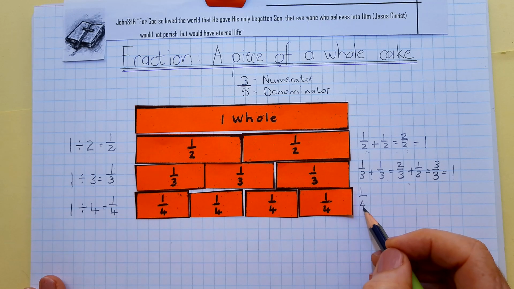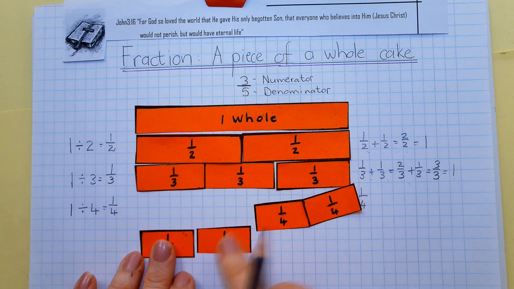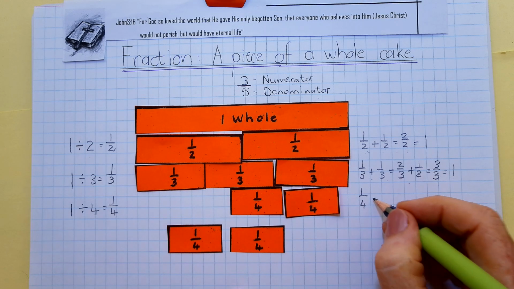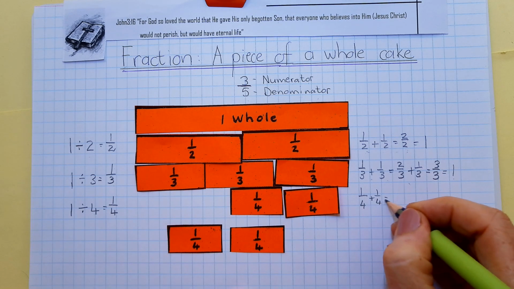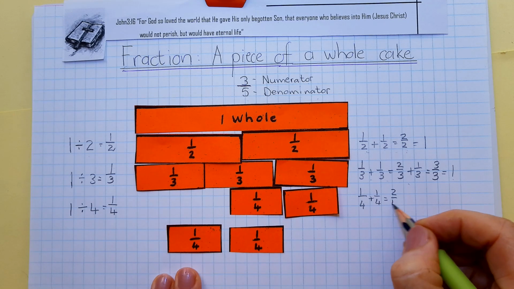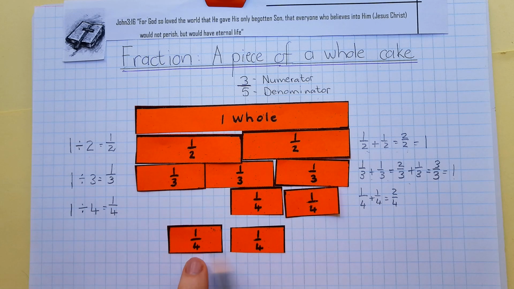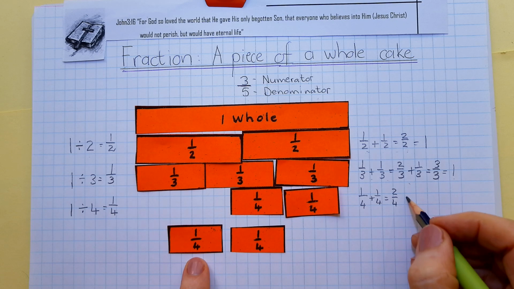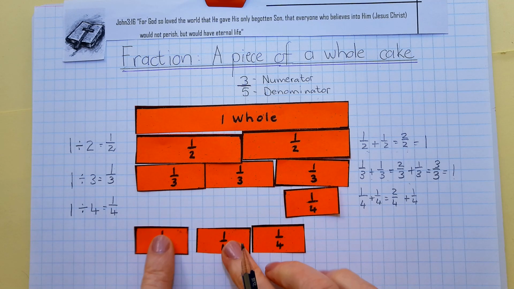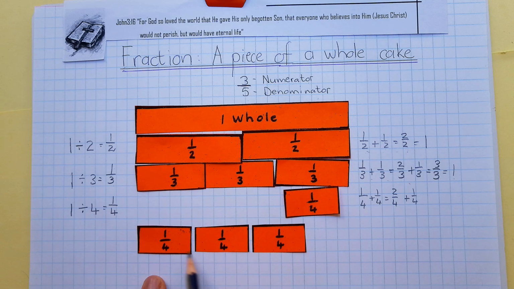I've got 1/4 plus 1/4, that gives me 2 quarters, 2 of the same piece of cake, plus another quarter. That will give me 3 pieces of the same cake.